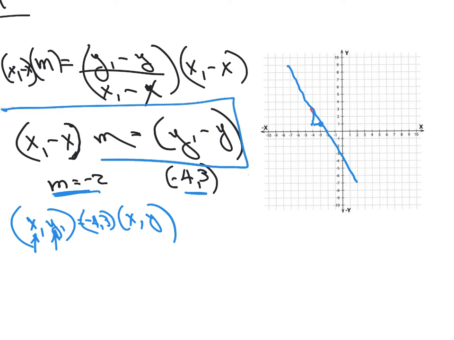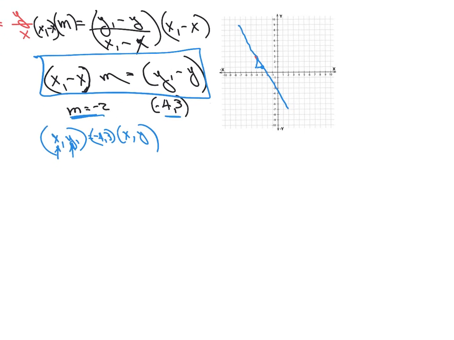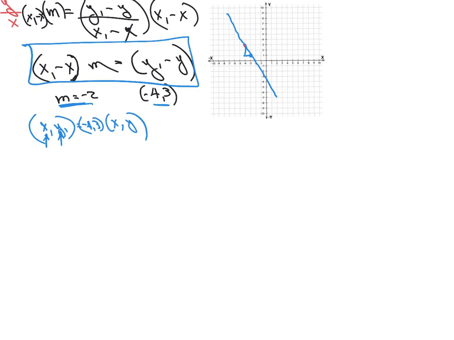So let's look at this equation and plug in the information that we know. I'm going to move this all up a little bit, make it a little smaller. And in red, instead of an x1, we're going to put a -4, because that's in the x position, minus x, times m, and our m is -2, equals our y1, which is 3, minus y.